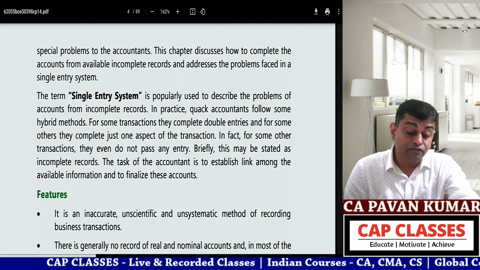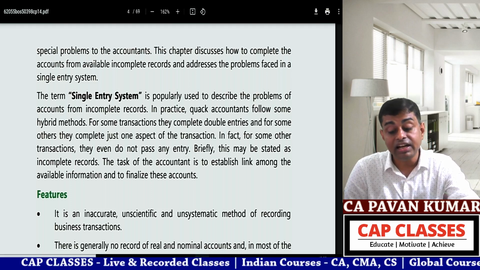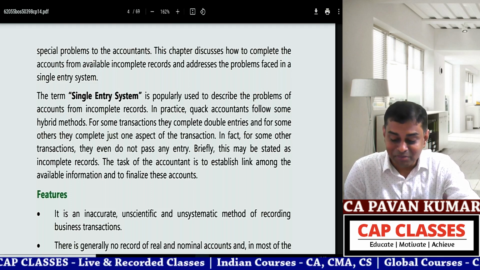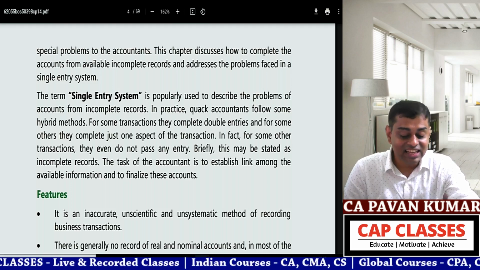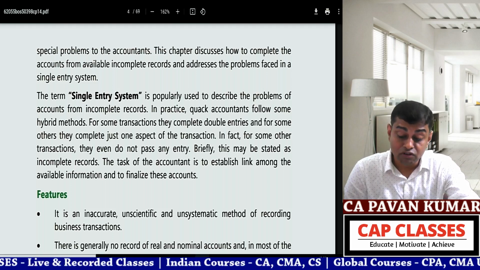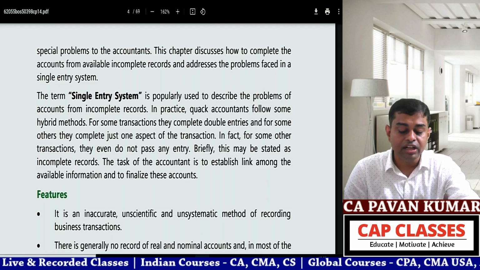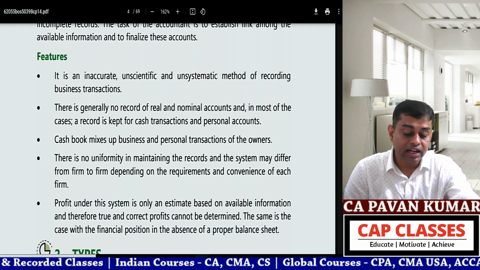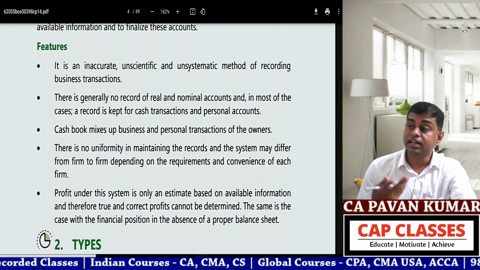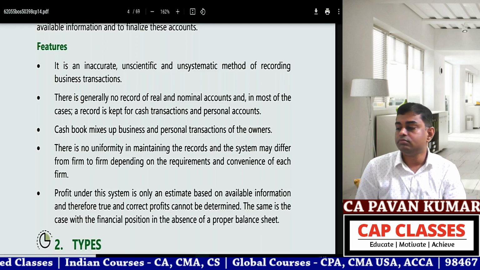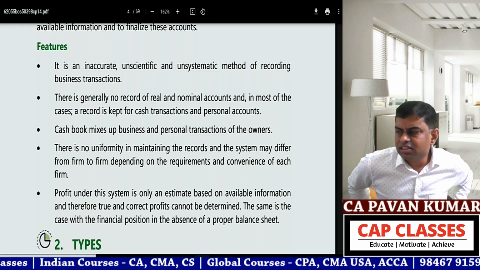In fact, for some other transactions, they do not pass any entry. Briefly, this may be stated as incomplete records. The task of the accountant is to establish links among available information and to finalize these accounts. So features are there, just read. Not important from the exam point of view, but just a single reading.